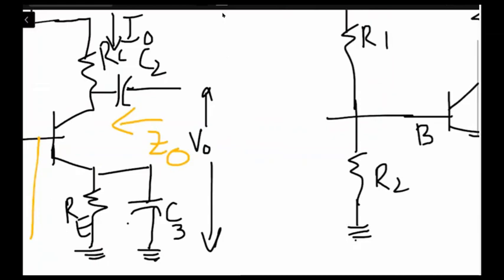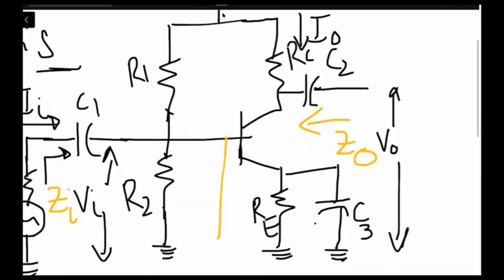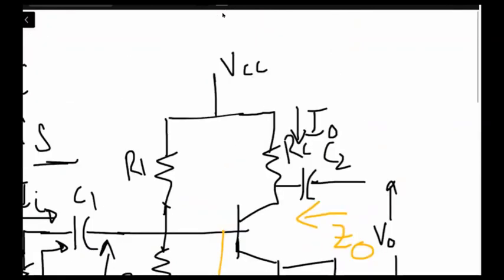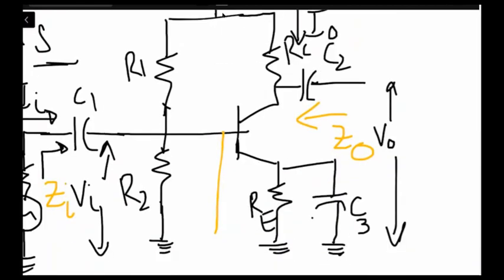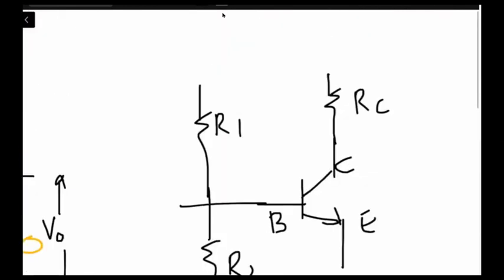Taking a look at the previous circuit, R2 is already connected to ground, and R1's other end is the DC source. As we take out the DC source, what is left is that R1's other end will be connected to ground.